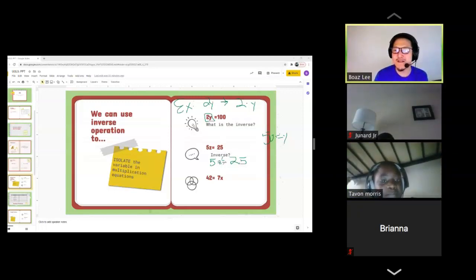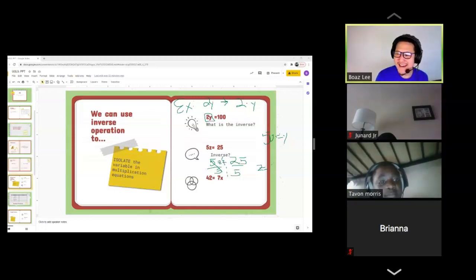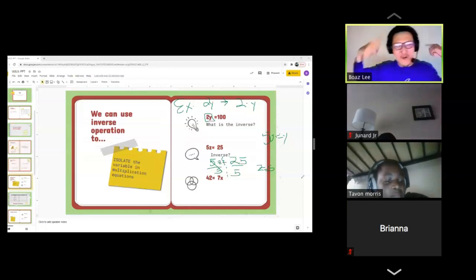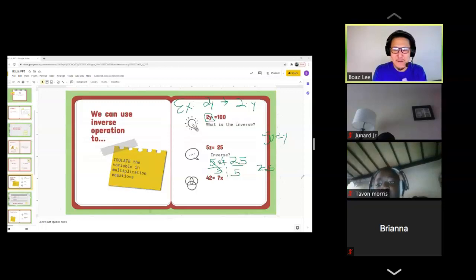You are absolutely right, and you do it on the other side. You cross off your 5s, and your answer should be 5. Hey, there you go. So I like how I was able to see your work because you were kind of explaining it, and I really appreciate that. So we've been doing this for 2 problems now.